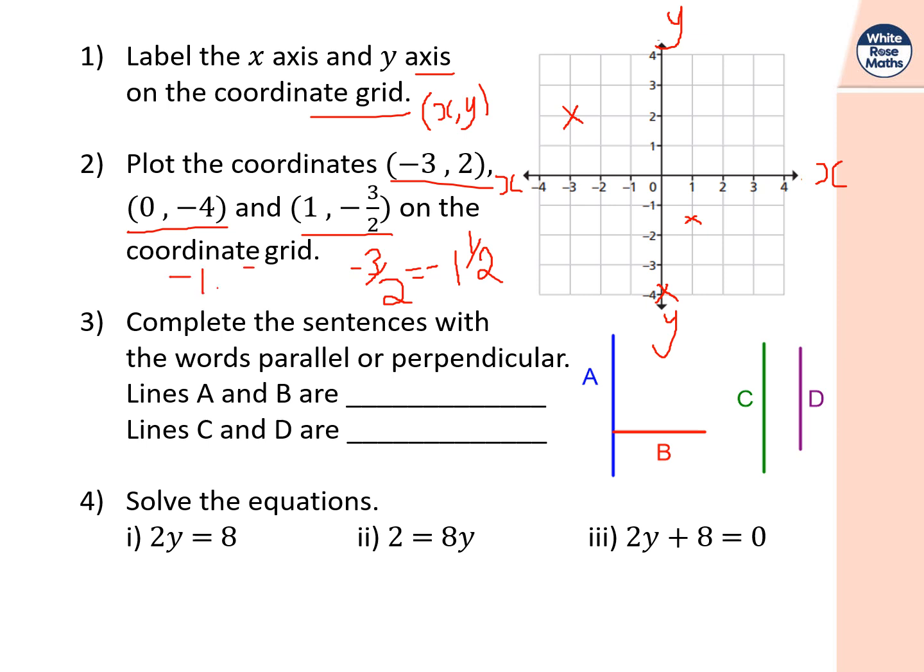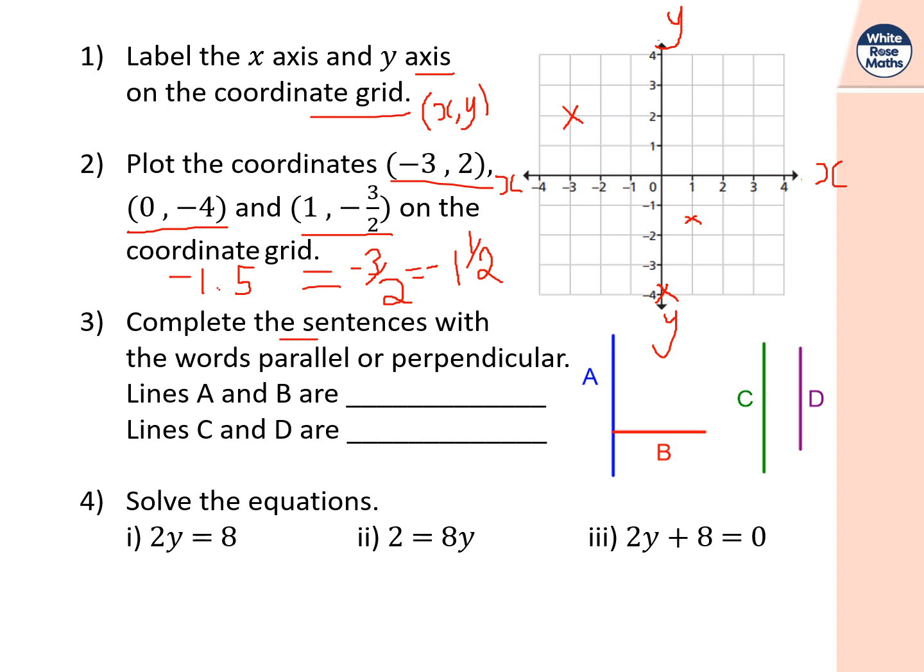Either way of writing it, they all mean the exact same thing. So recognizing that -3/2 is the same as -1.5. So -1.5 is always between -1 and -2, bang smack in the middle.